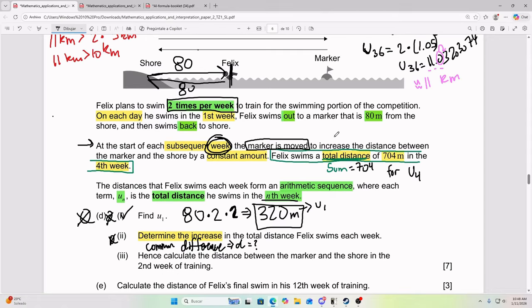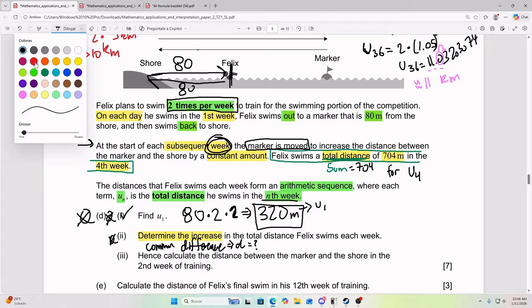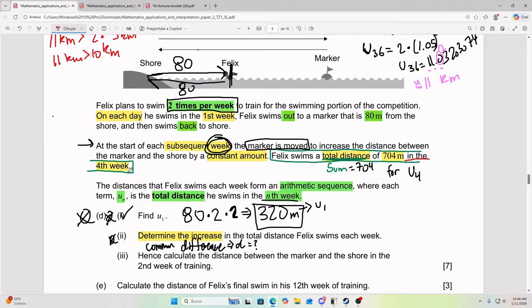Perfect. Here they're telling you that Felix swims a total distance of 704 in the 4th week. So notice, a small interpretation we have to have extremely clear. Because it says that Felix swims a total distance of 704 in the 4th week, it's not telling you that you're talking about the sum of the first 4. It's saying in the 4th.